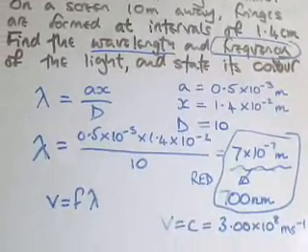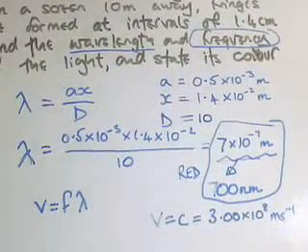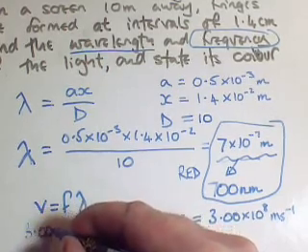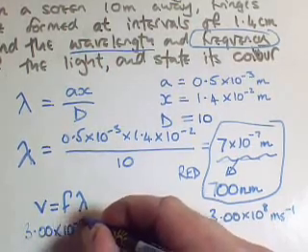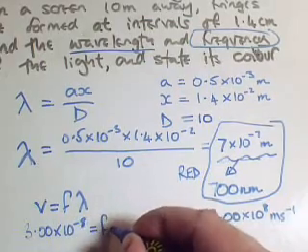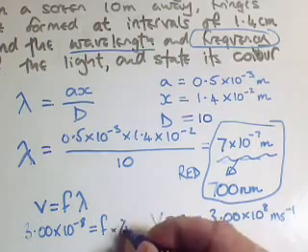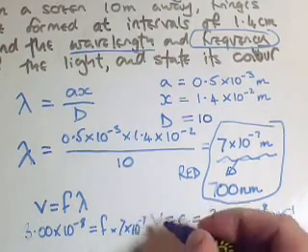Okay, so if I plug that into the formula, along with the value of lambda that I've got, I get 3.00 times 10 to the power of 8 equals F times 7 times 10 to the minus 7 meters.